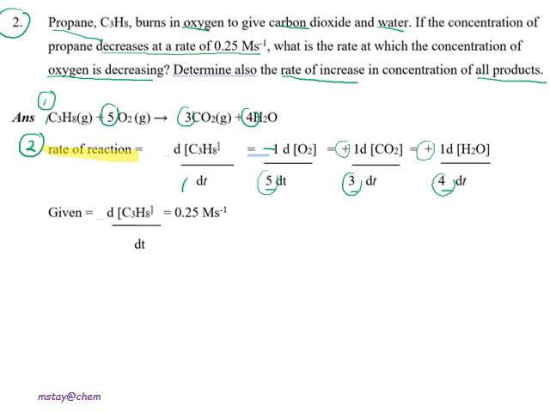And then again, the question here gives us that the concentration of propane decreases at the rate of 0.25 molar per second. When they give us the concentration of propane decreasing, we can say that this refers to the rate of disappearance.